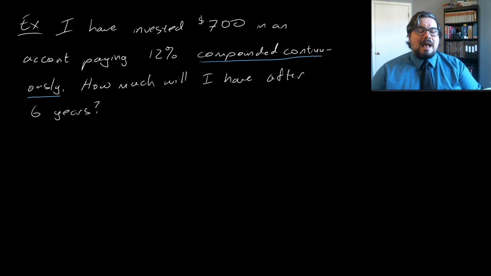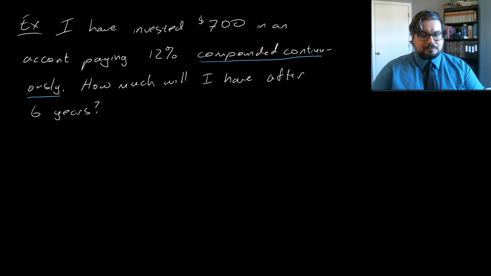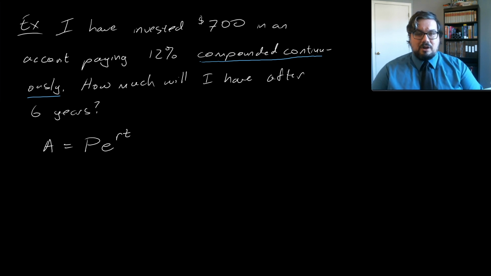Now, if you're given absolutely no information at all, the default is annual compounding, but that's very rare. You should almost always have some sort of information that tells you how often you're compounding, or you will have the phrase continuous compounding, which means that we're going to use the formula A is equal to P e to the RT.